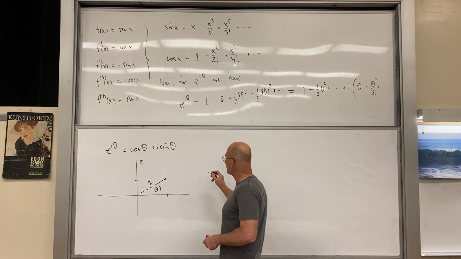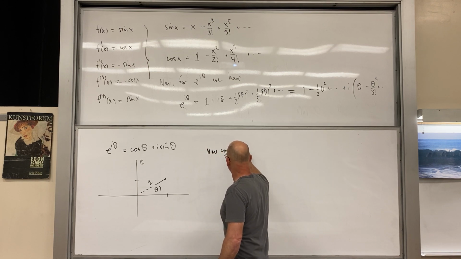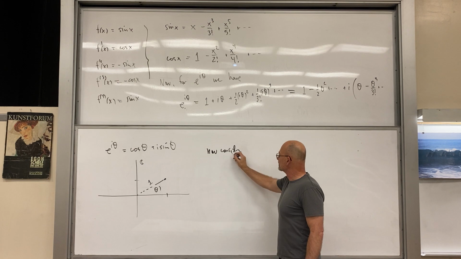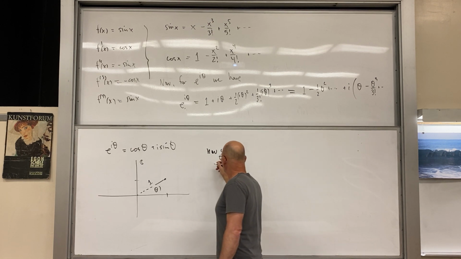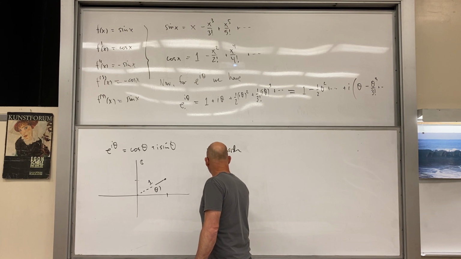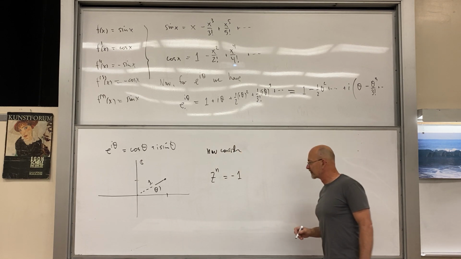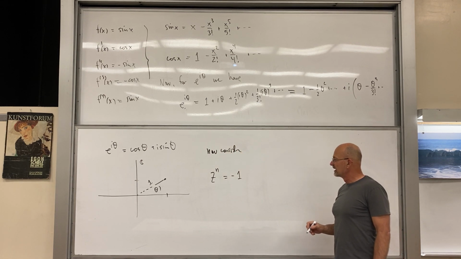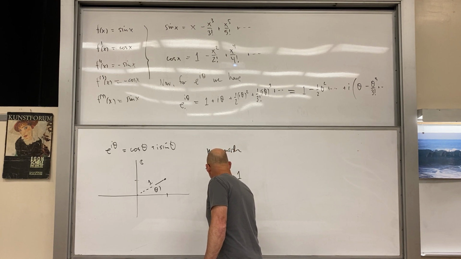And then it turns out that that's just e to the i times theta, right? So now consider z to the n equals -1. That is the same as saying e to the i phi, to the nth power.